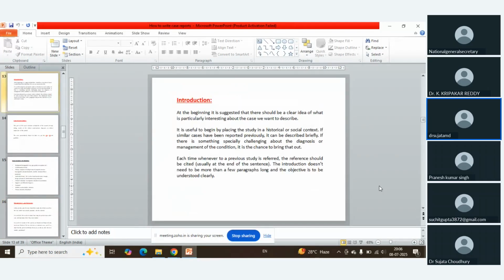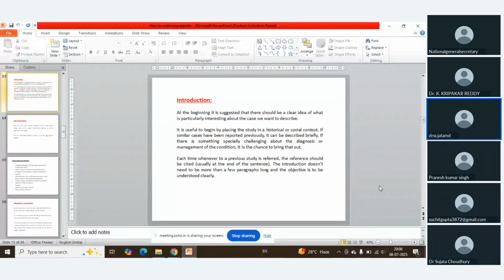Next, the main portion of the article comes. It starts from the introduction. At the beginning it is suggested that there should be a clear idea of what is particularly interesting about the case we want to describe. Suppose we are writing an article or case study on a particular disease.